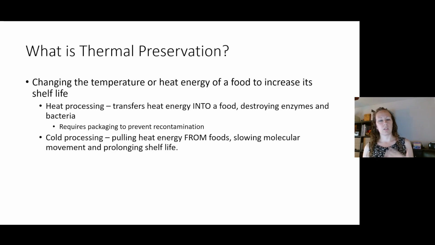With heat processing, we're going to be transferring heat energy into a food, and that has the potential, and in fact, often the goal, to destroy enzymes and bacteria. And one key thing about heat processing is that it does require packaging to prevent recontamination.